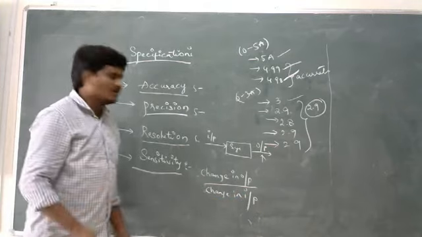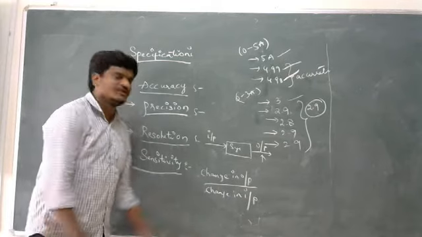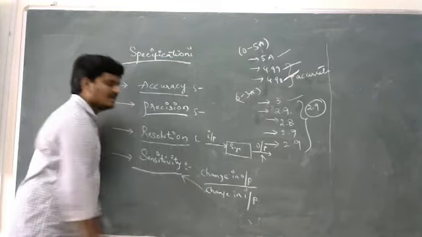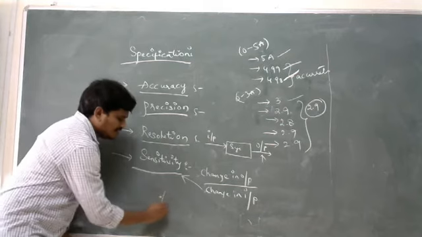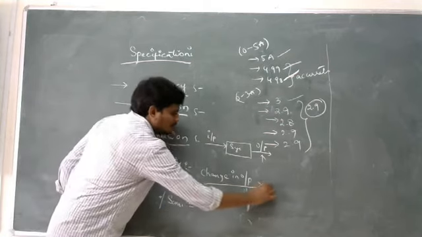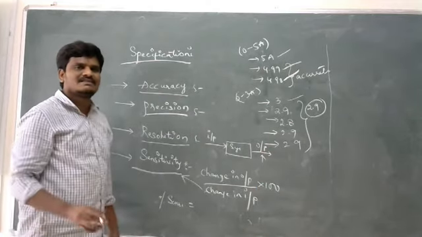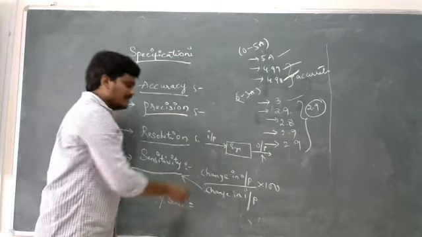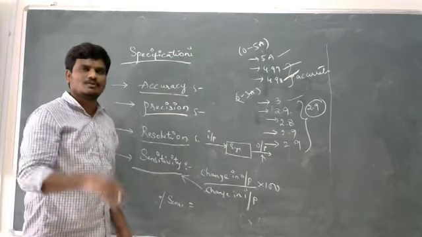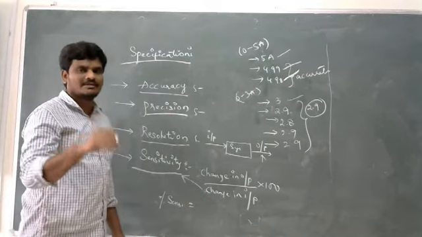The ratio of change in output to change in input will give you the sensitivity of that particular instrument. If I want to calculate the percentage sensitivity of an instrument, this factor should be multiplied by 100. So, in order to get the sensitivity of that particular instrument, I need to take the ratio of the change in the output value with respect to the change in the input value.